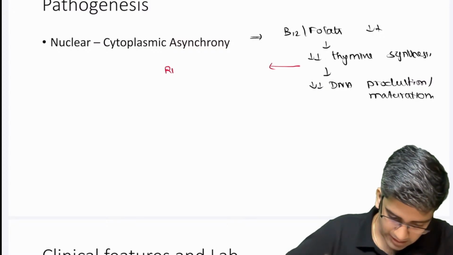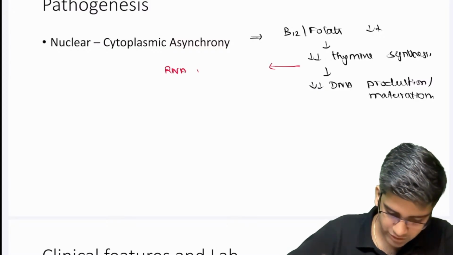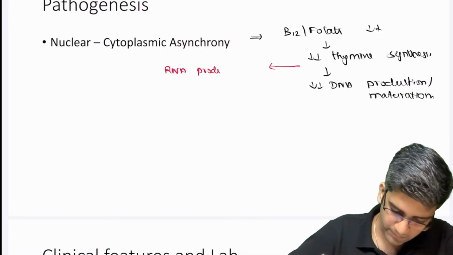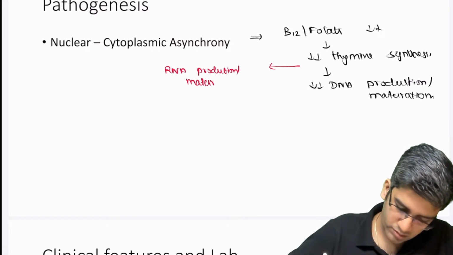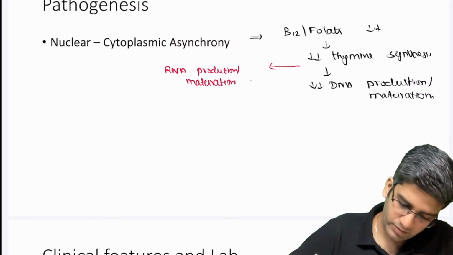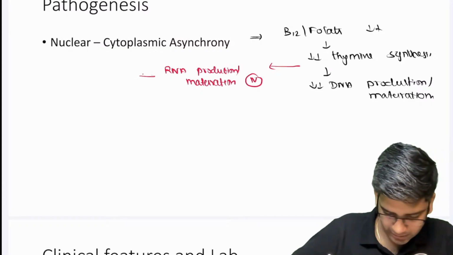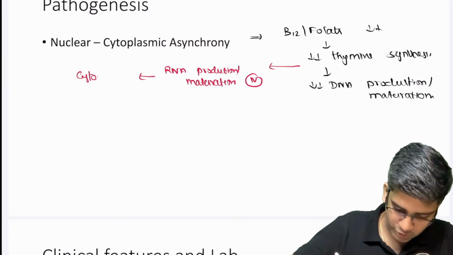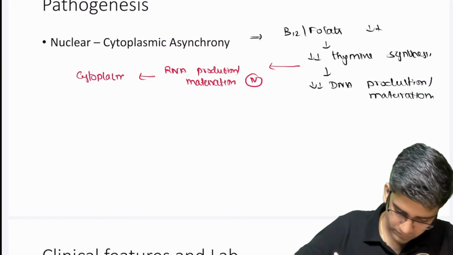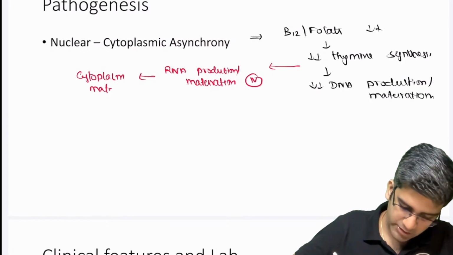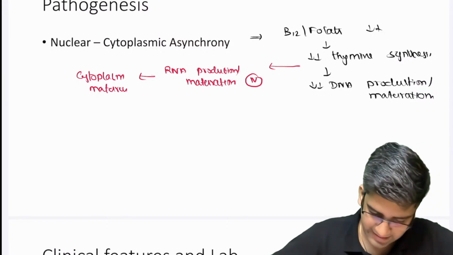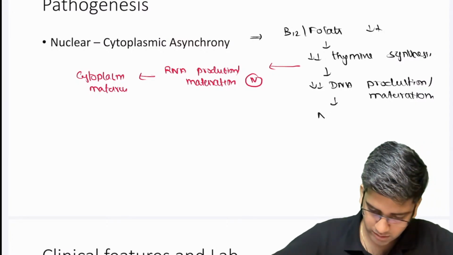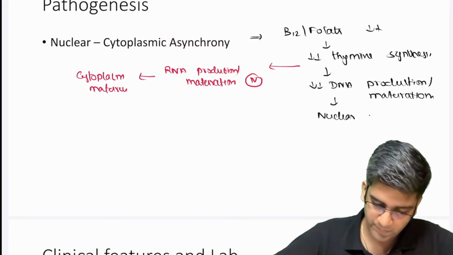So RNA production and maturation is completely normal. Since RNA production and maturation is completely normal, the cytoplasm matures properly, but the nucleus does not mature. DNA has a problem, so nuclear maturation is a problem.